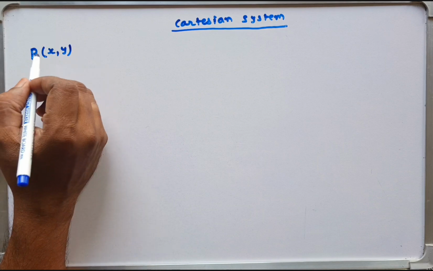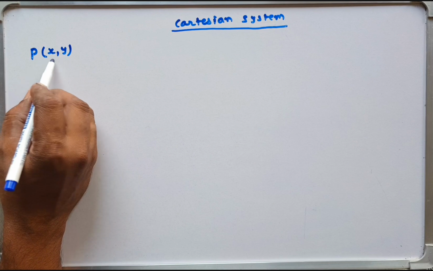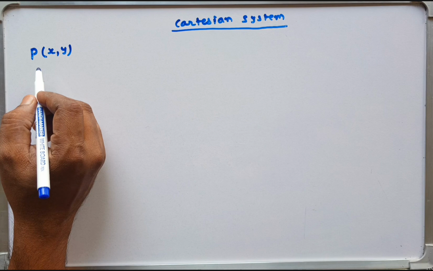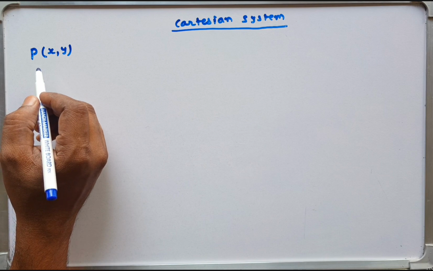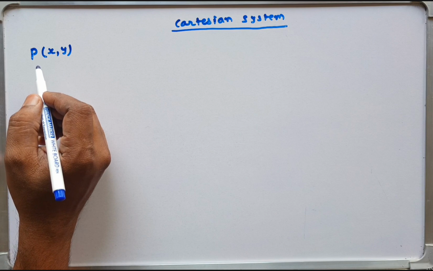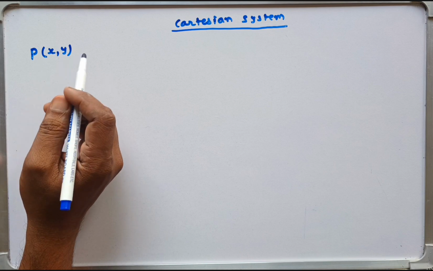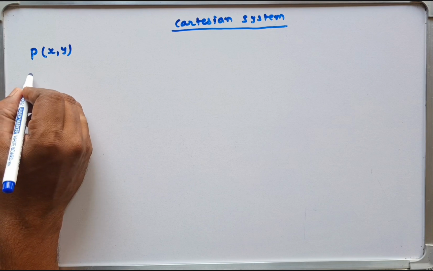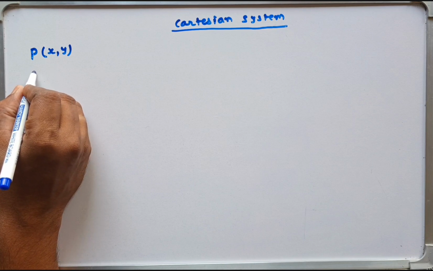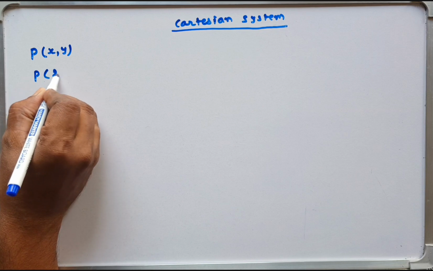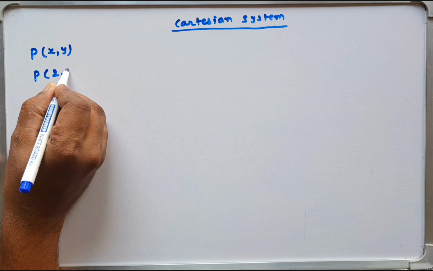Okay guys, this x and y value in the Cartesian system must be numeric, like 1, 2, 3 or decimal. So suppose this point has coordinates P equal to (2, 3).